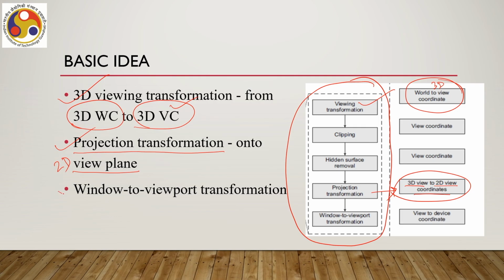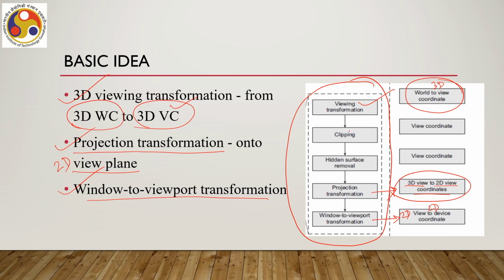And then finally, there is another transformation, that is window to viewport transformation, where we transform from the 2D view plane description of the projected scene to a 2D device coordinate space.